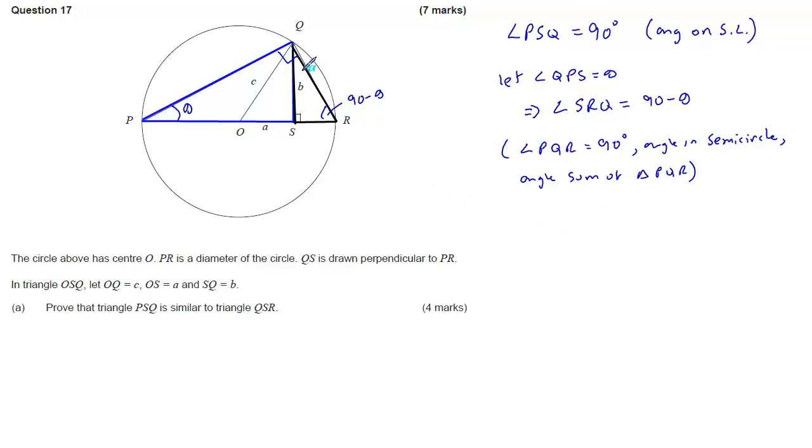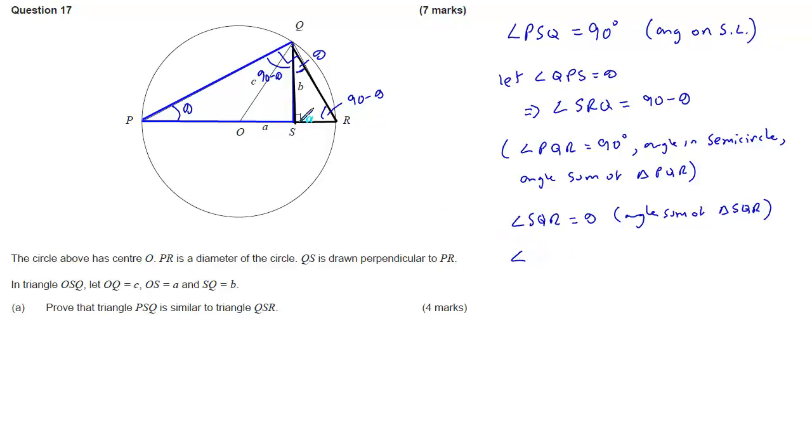Now if we look at the top here, that means that this angle just here must be theta. So angle SQR is equal to theta, and that's the angle sum of triangle SQR, and therefore this angle just here has to be 90 minus theta.